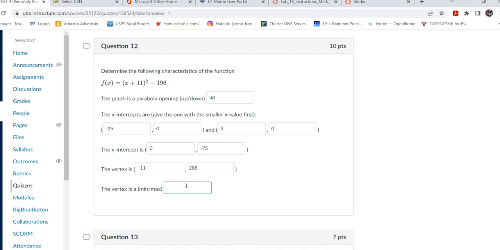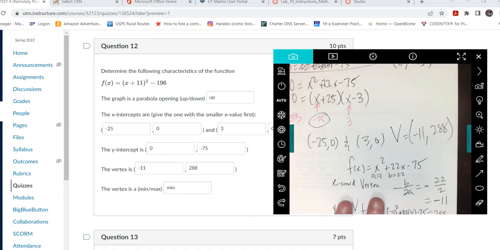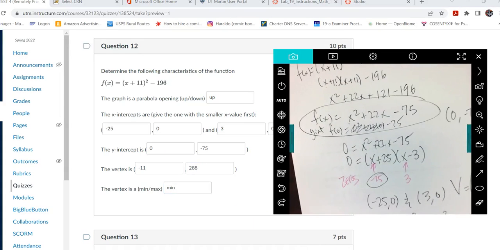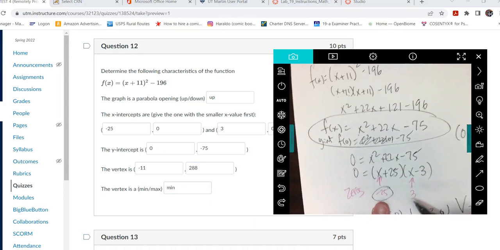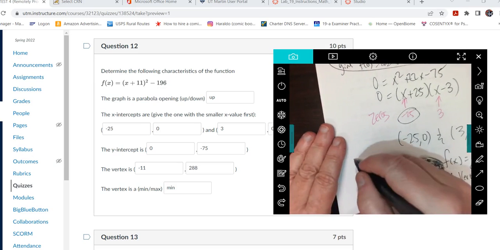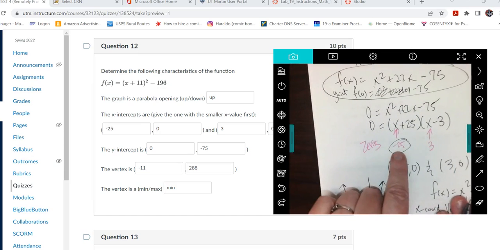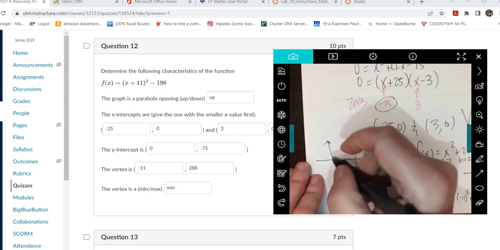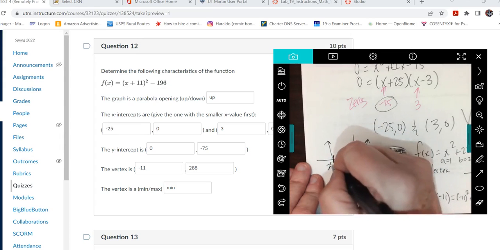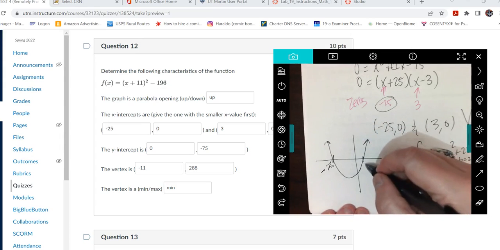And again, the vertex is going to be a minimum because what's this thing going to look like? It's x squared, so it opens up. The x-intercepts are at negative 25 and at 3.